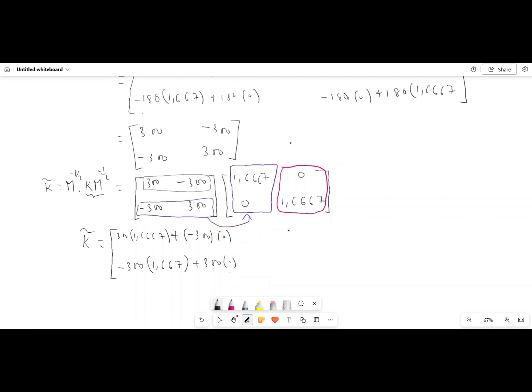So it means I'll be having 300 multiplied by 0 plus minus 300 on top multiplied by 1,6667. Again, minus 300 at the bottom multiplied by 0 plus 300 at the bottom multiplied by 1,6667.